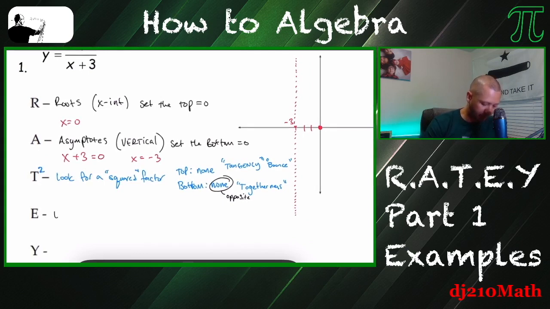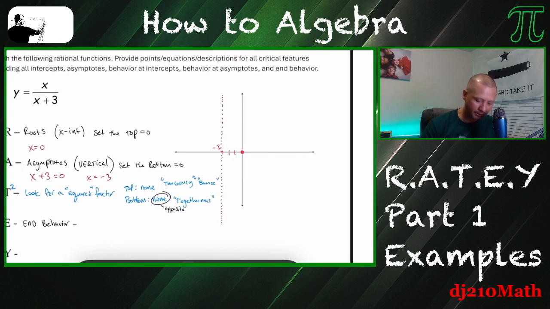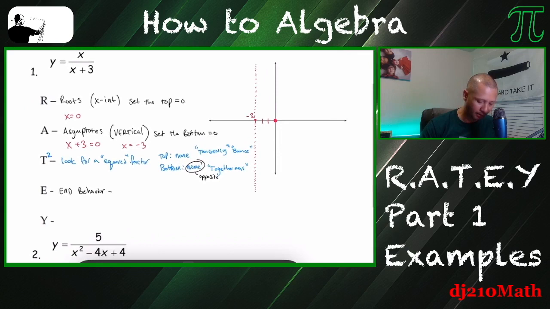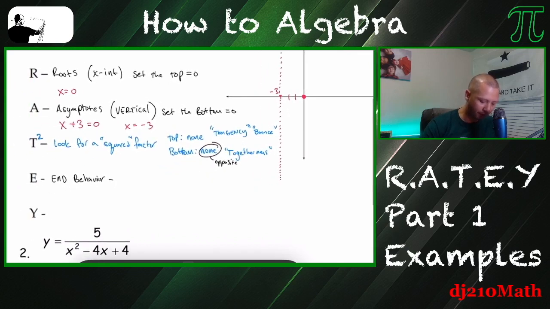Then we look at E for end behavior. End behavior is talking about as the graph goes towards infinity, right? As x goes towards infinity, what is it approaching? So here, for the end behavior, you have to think horizontal asymptote.